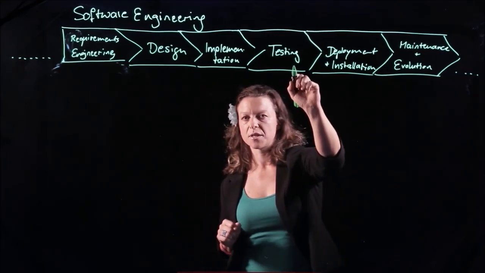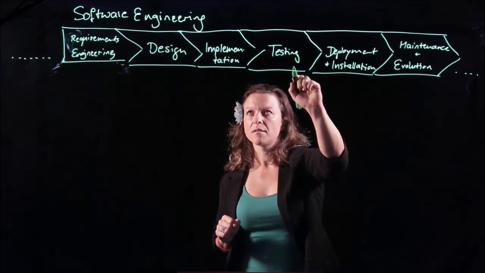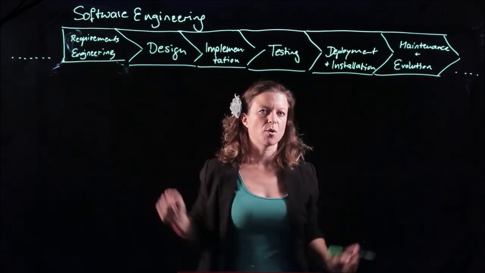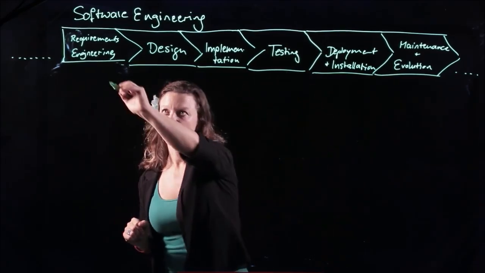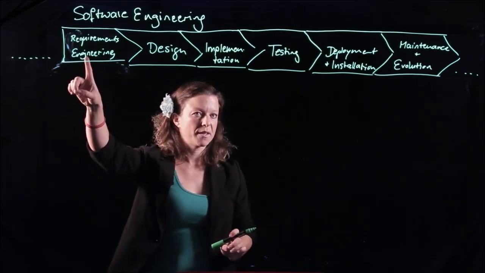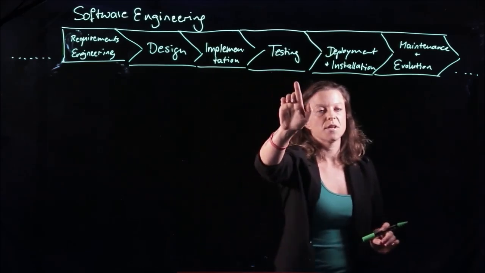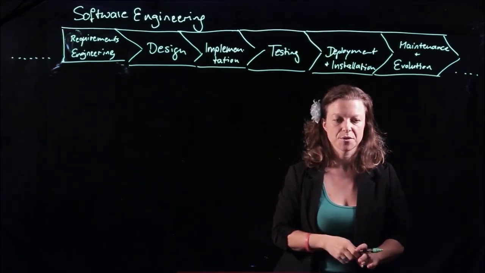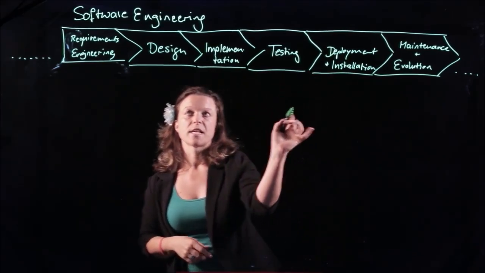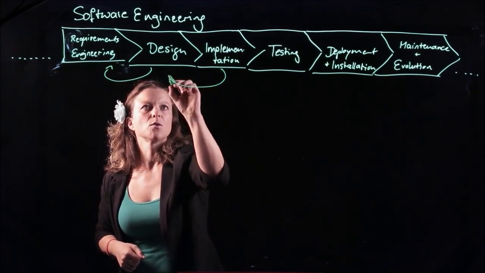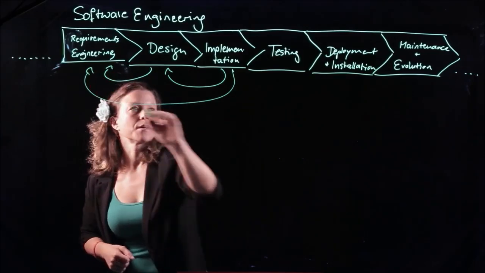Or you figure out during testing, wait, this is not really doing what we said we were going to do in the requirements. Go back, fix it. Go back, talk to the stakeholder, find out what they actually needed. Fix the design, fix the implementation, back to testing. Hopefully move on into deployment. So that's the next simplification. There are actually feedback loops here that go back.